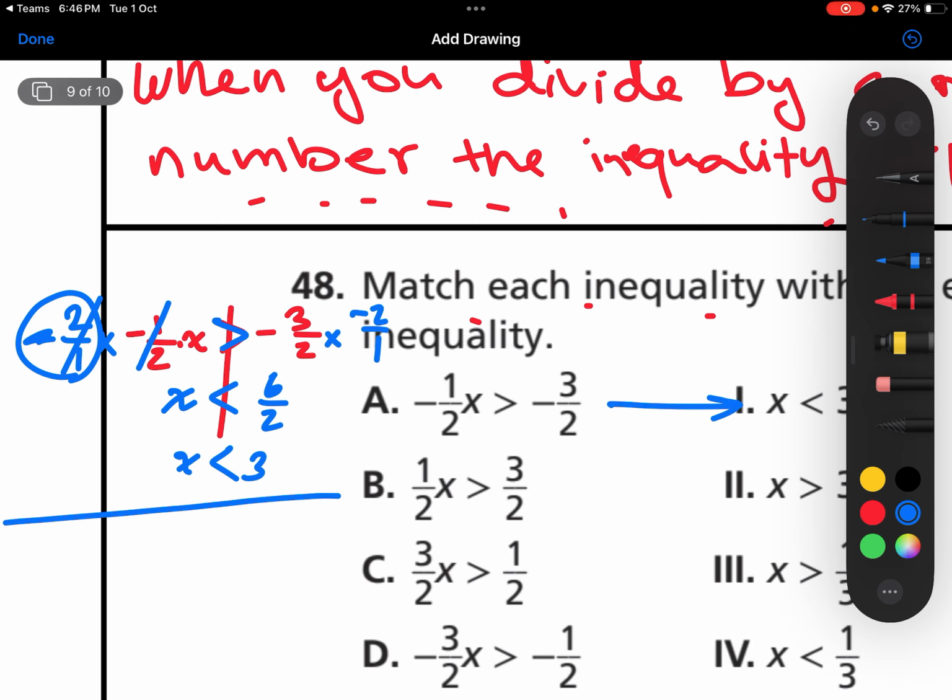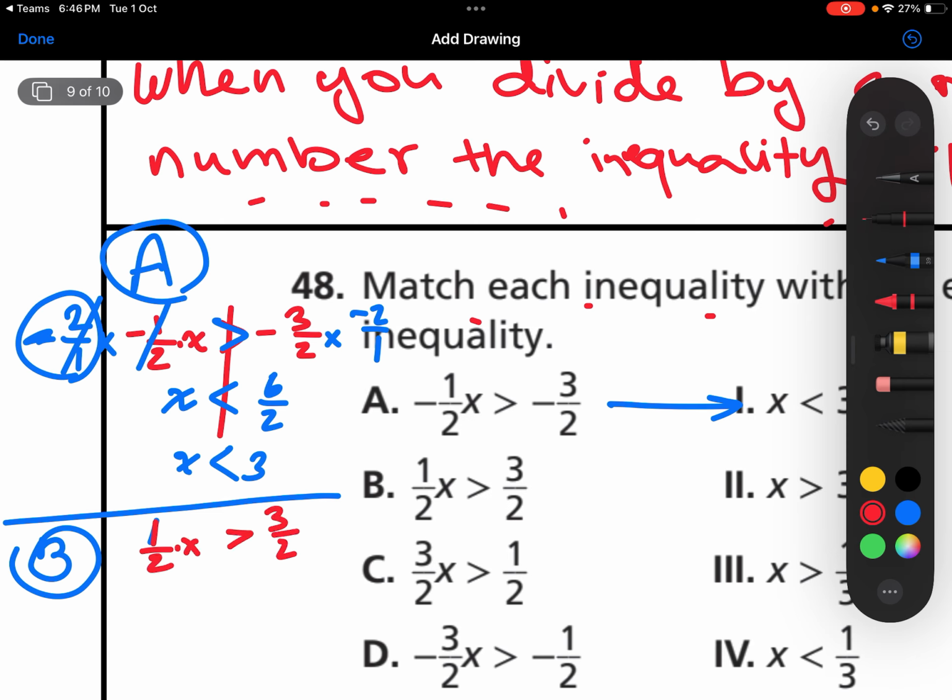B. This was A. Let's do B. So you have 1 over 2 x more than 3 over 2.